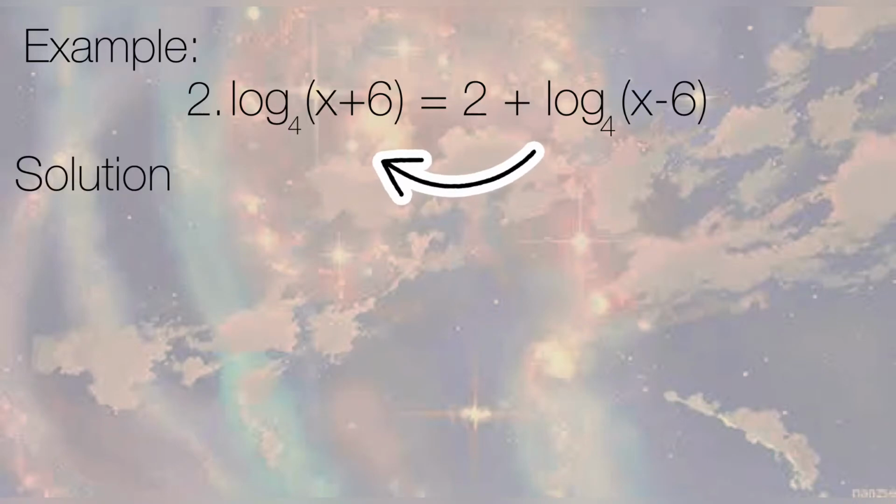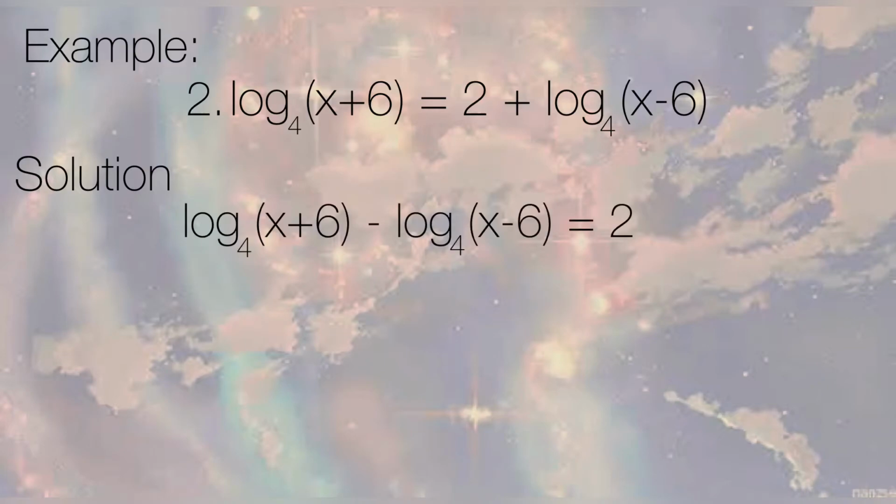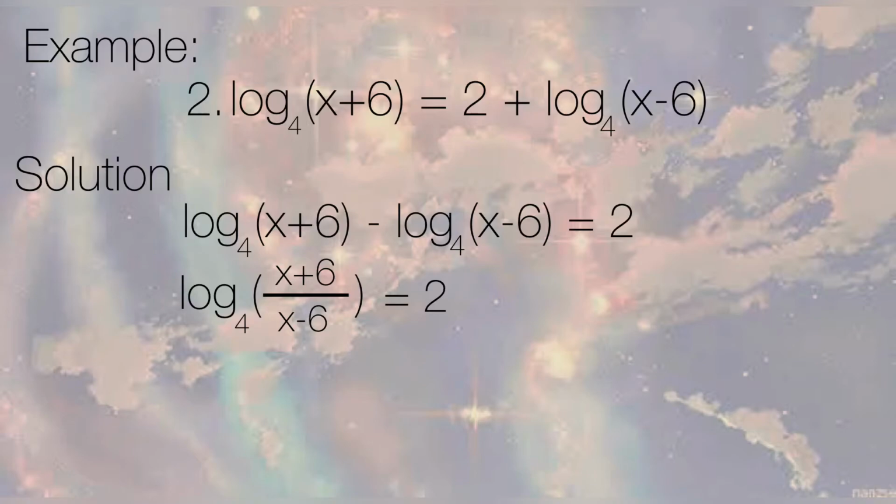So it will become logarithm of x plus 6 base 4 minus logarithm of x minus 6 base 4 is equal to 2. Since the equation is long, we must apply the rule, which is LSI, or logarithmic subtraction identity. So it will become logarithm of x plus 6 over x minus 6 base 4 is equal to 2.